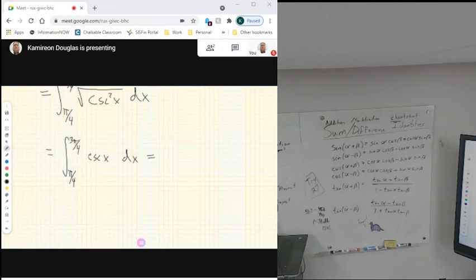Is there just an integral of cosecant? Okay, I will double check my work. I don't like getting the wrong answer.